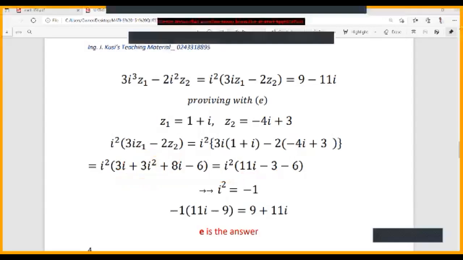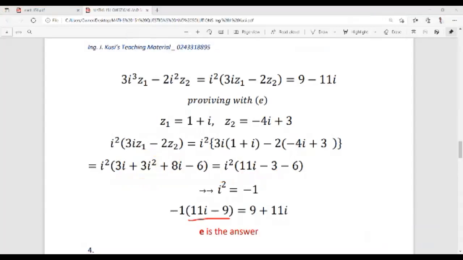Okay, so that will result into this. And we said i squared is the same as minus 1. So minus 1 times 11i will give you what?